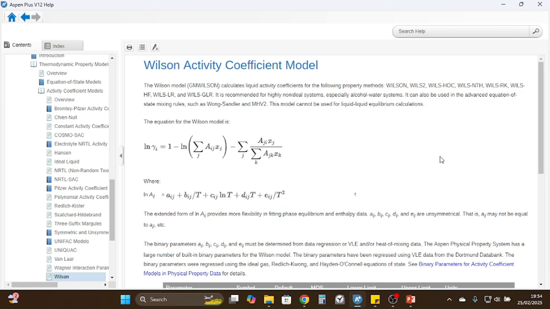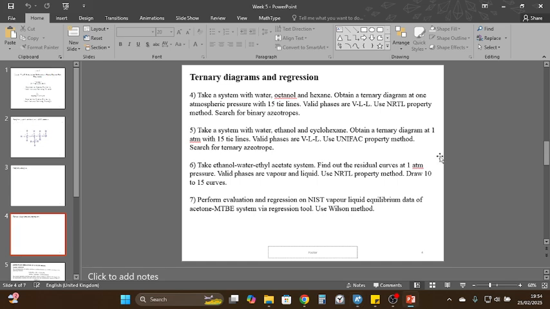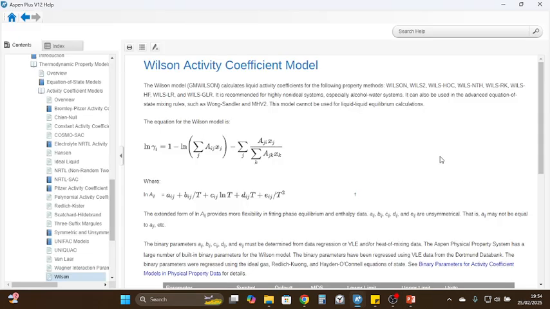To understand this in simple terms, if i is acetone and j is MTBE, which are the two components that we are handling, then Aij is the interaction of acetone with MTBE, while Aji is the interaction of MTBE with acetone. The same definition stands for Bij, Cij, Dij, and Eij also.